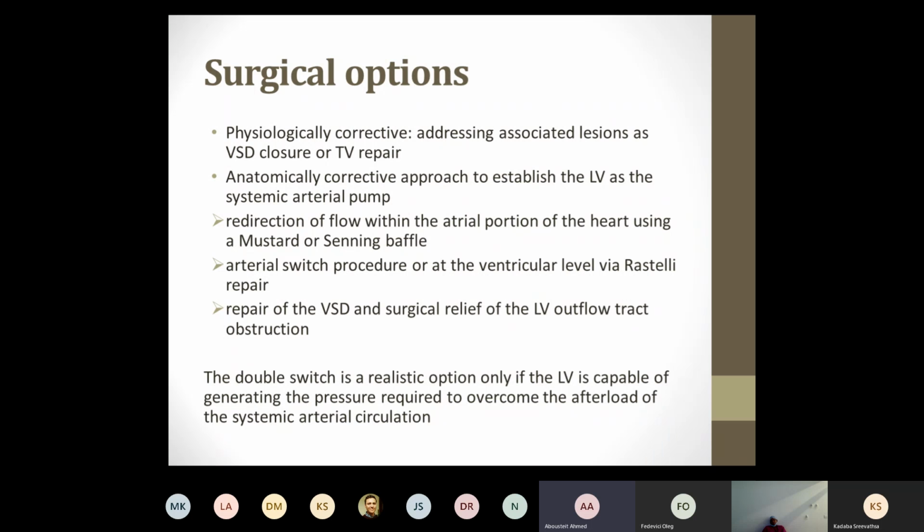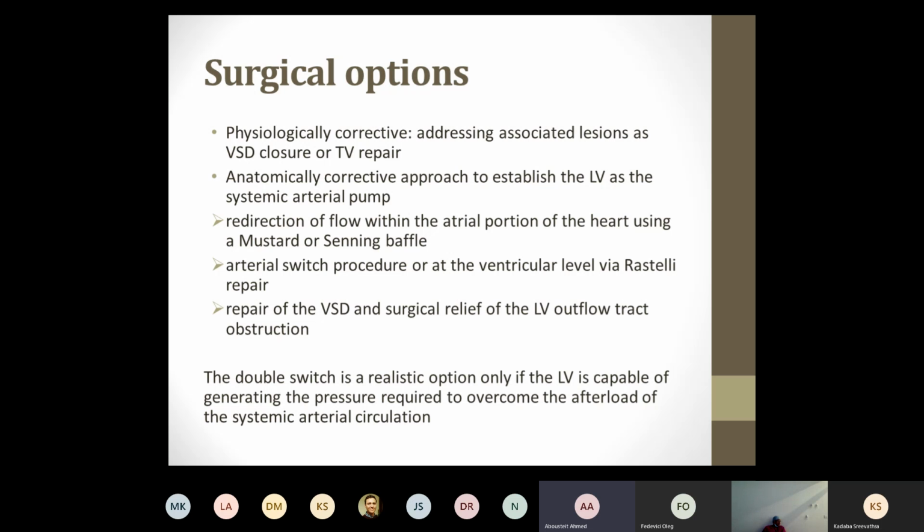Usually this is also accompanied by repair of the VSD and surgical relief of the left ventricular outflow tract obstruction, according to each case. Usually the timing of this surgery is as early as possible.